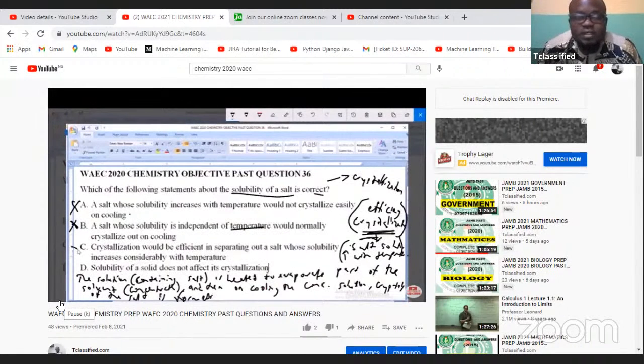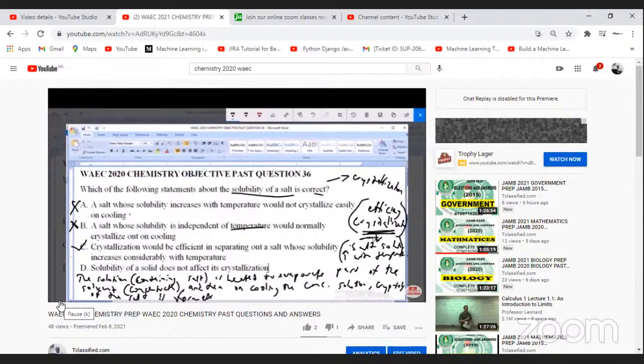Okay, let's check out 36. Which of the following statements about the solubility of salt is correct? A. A salt whose solubility increases with temperature will not crystallize.